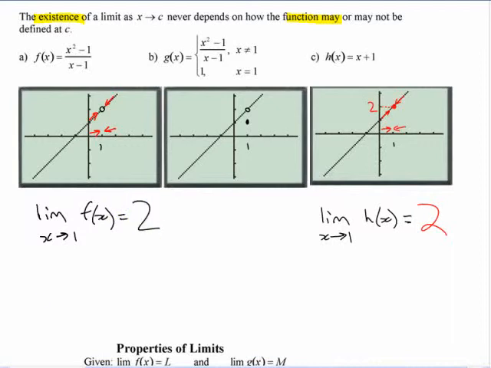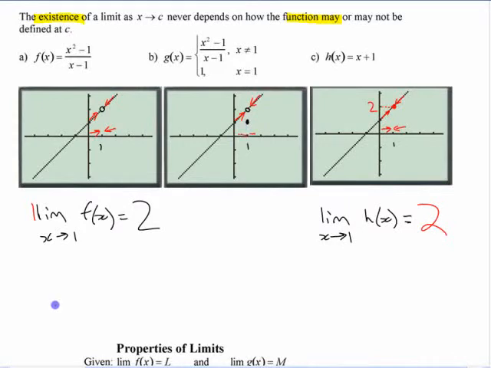What about the one in the middle? This has a different point there. As the x value gets closer and closer to 1, what's happening with the function? It's heading for 2, even though there's this point defined at 1.